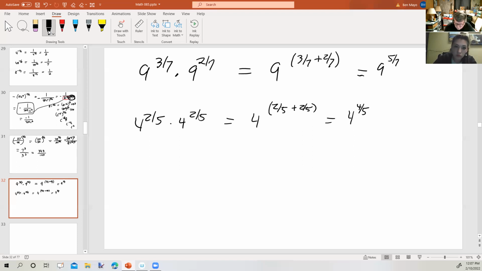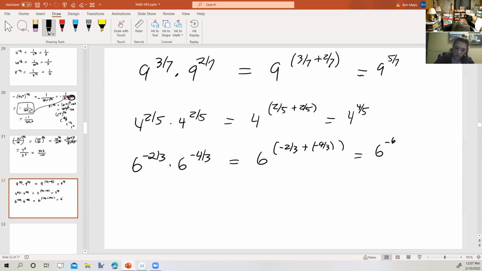Okay. 6 to the negative 2/3 power times 6 to the negative 4/3 power would be 6 to the negative 2/3 plus negative 4/3, which is 6 to the negative 6/3 power, which is 6 to the negative 2 power, which is 1 over 6 to the positive 2 power, which is 1 over 36.